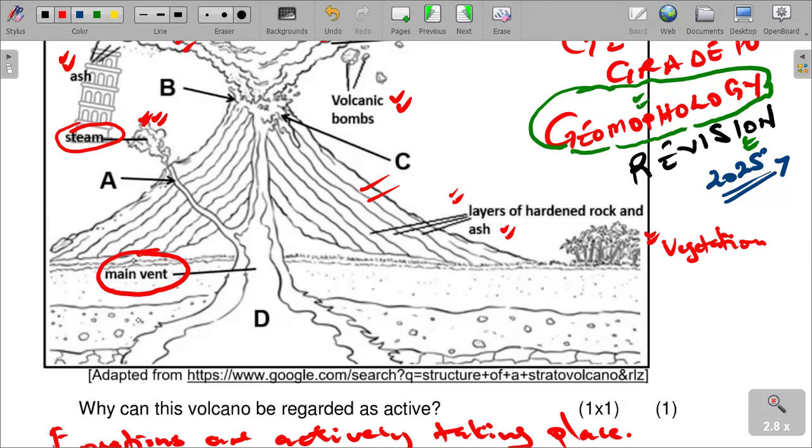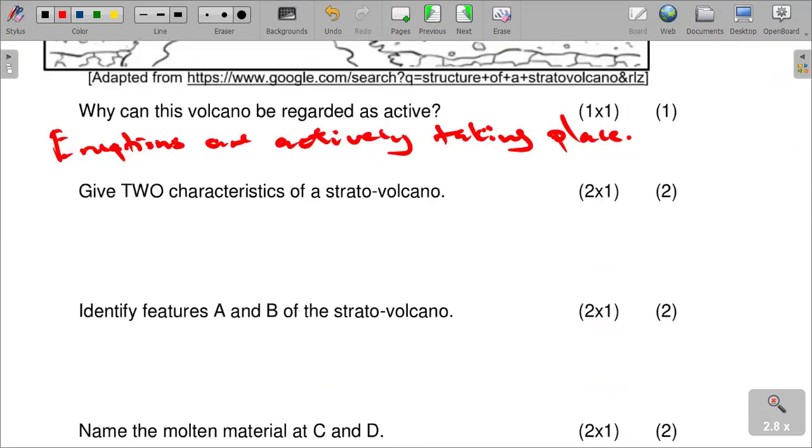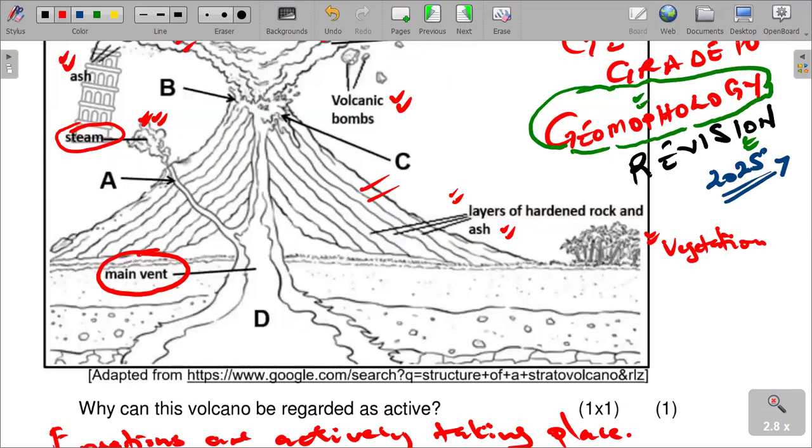And then, give two characteristics of stratovolcanoes. What are the stratovolcano characteristics? As you can see here, the stratovolcanoes have alternating layers of lava, and each side has layers that are seen there. Layers are accumulating.